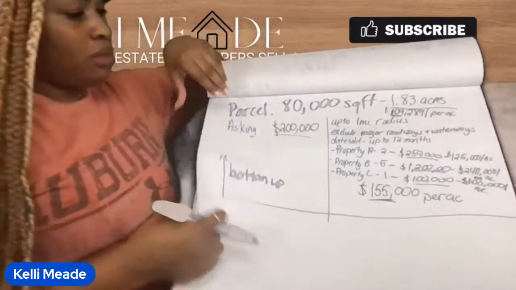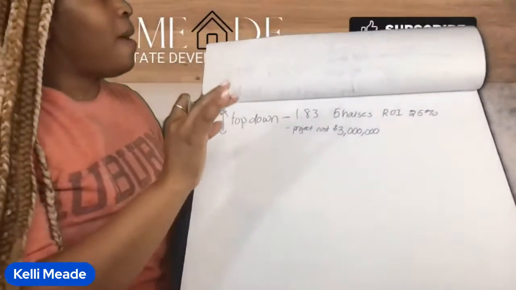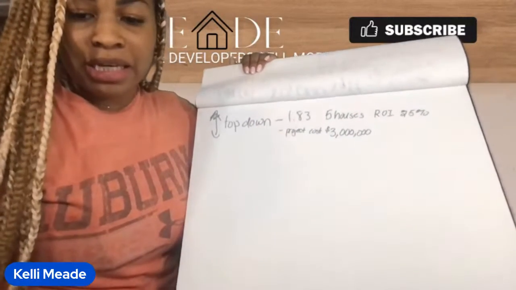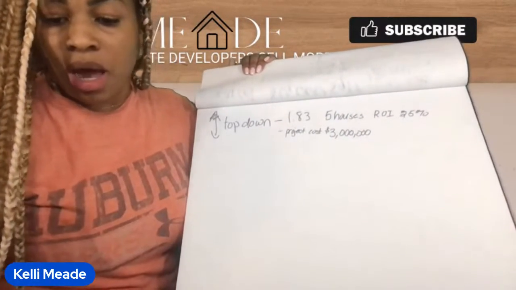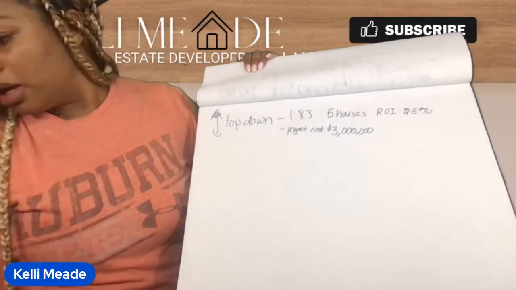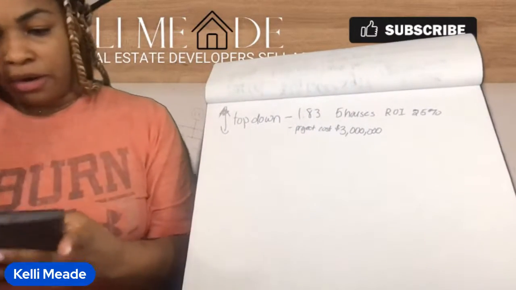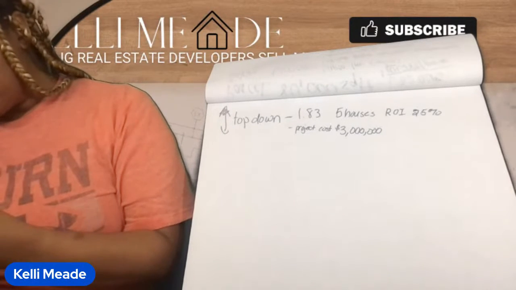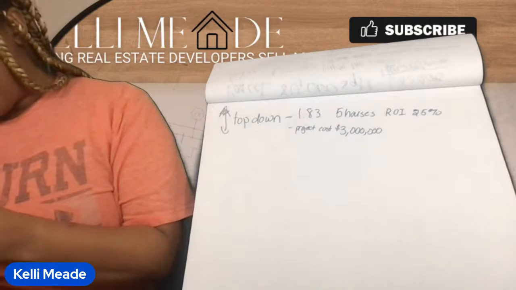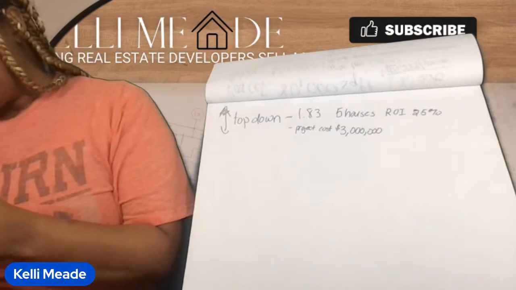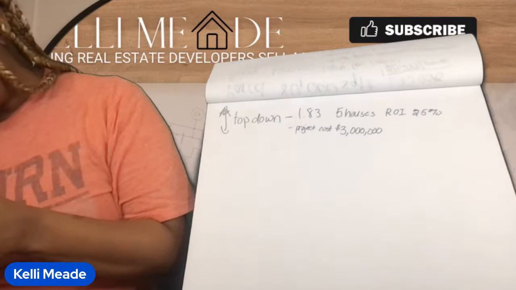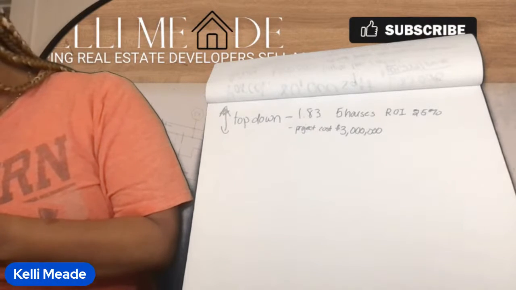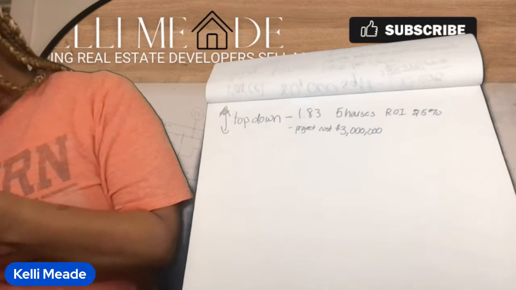So with that, the calculation actually gets super simple. You just basically take the 3 million. I have my calculator here. You take the 3 million and you times it by 0.2.